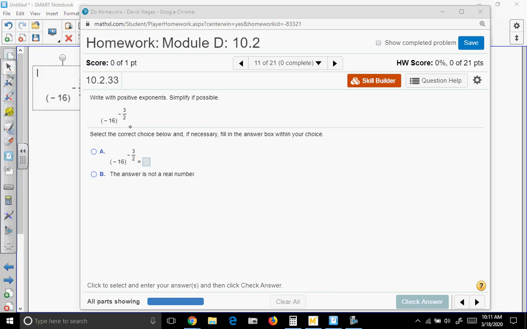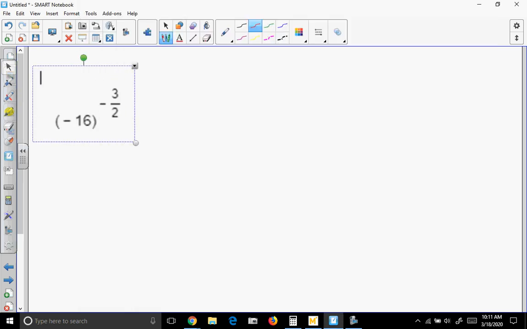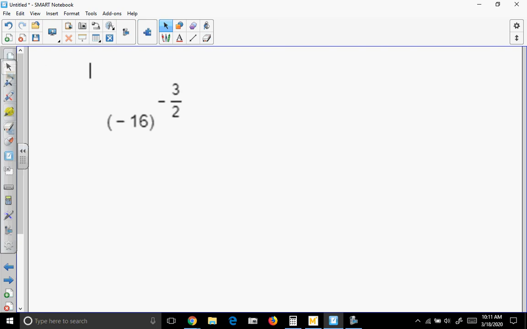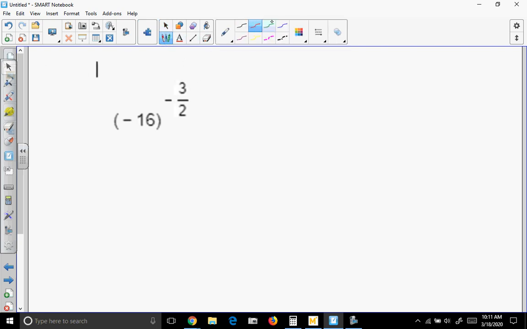Our base is -16, and our power is -3/2. Now recall that when our exponent is negative, that negative tells us that our base is in the wrong place. This is not a fraction, but we could think of it as being a fraction over 1. So to make our exponent positive, we take the -16 to the 3/2 and we move it to the denominator.